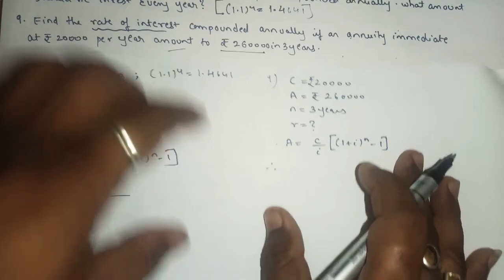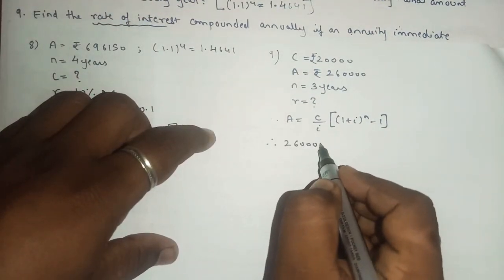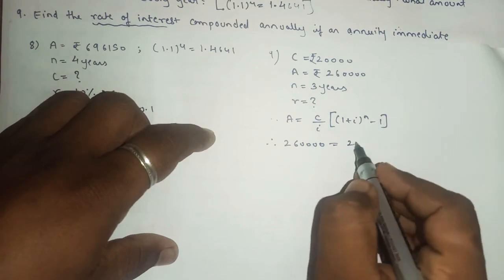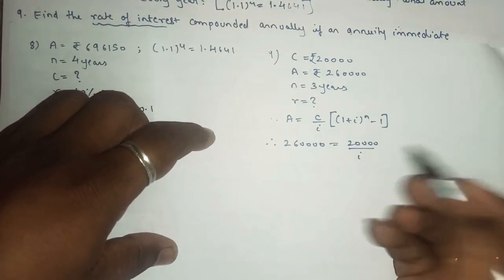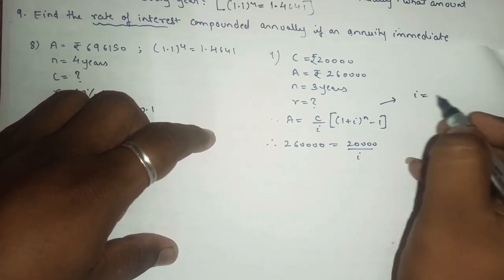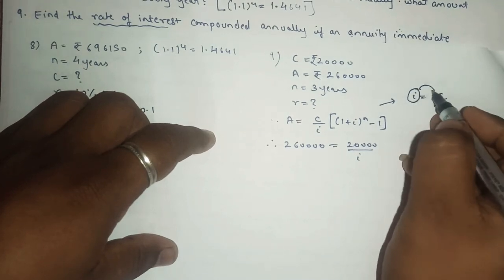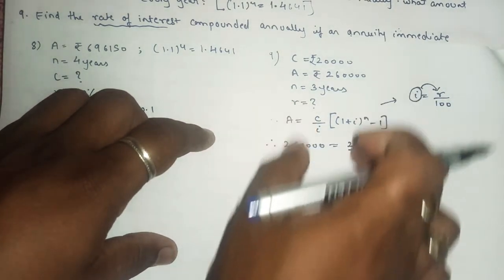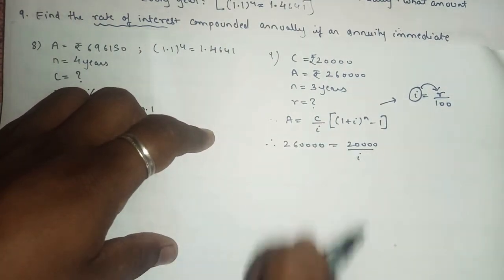Here A is 2,60,000 and C is 20,000. We have to find i, because we know that i equals r upon 100. Without knowing the value of i, we cannot find r. So first we have to find the value of i.